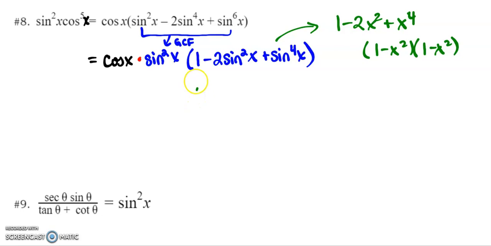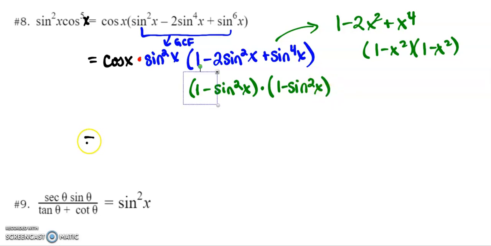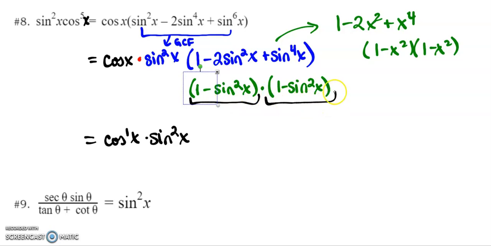So that's going to be 1 minus sine squared x times another 1 minus sine squared x. All right, okay, so we've got cosine to the first power, sine to the second power, and then each of these guys is another cosine squared.